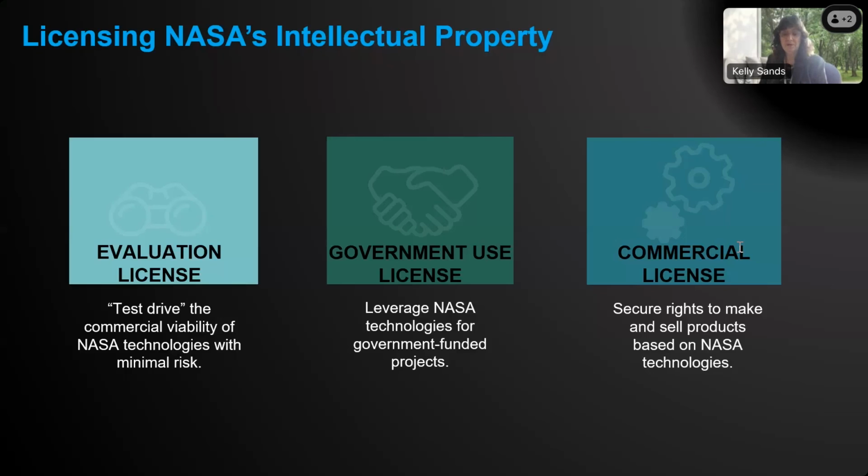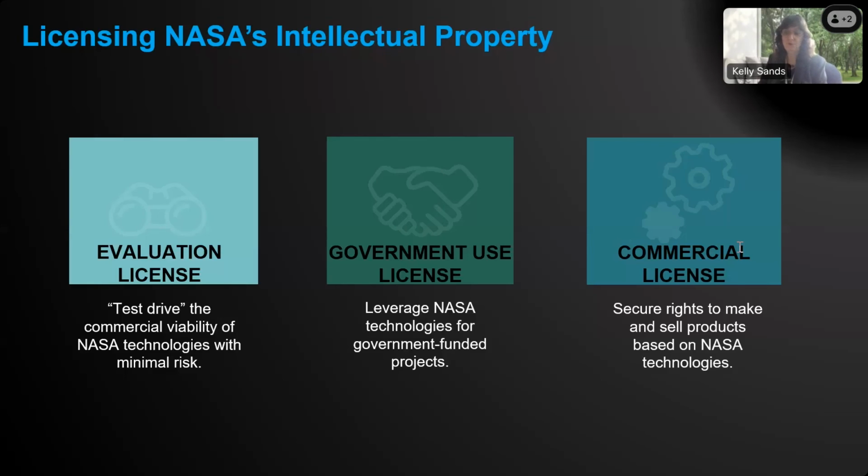Then we have the government use license. That's for entities seeking to use a NASA technology in support of a U.S. government-funded project. These licenses have no fees or royalties, but do have a term matched to the period of performance for the U.S. government-funded project. This license is ideally suited for SBIR, STTR, contract, grants, cooperative agreements, and in some cases, Space Act agreements.